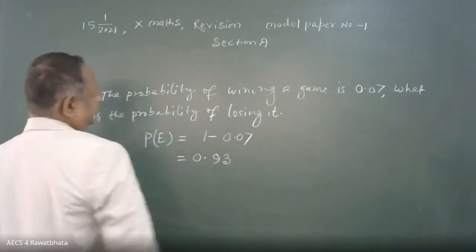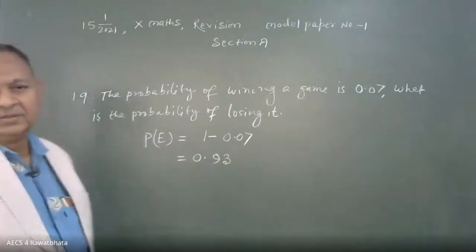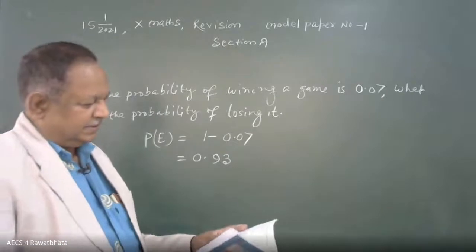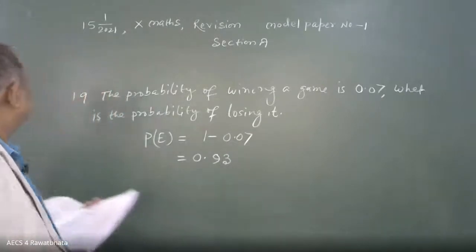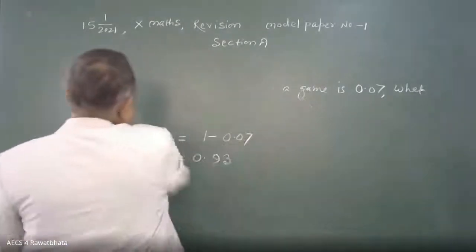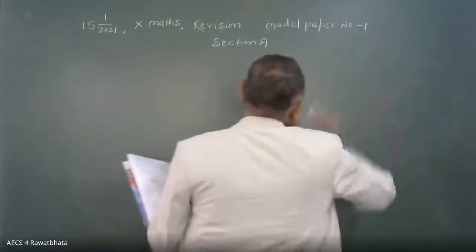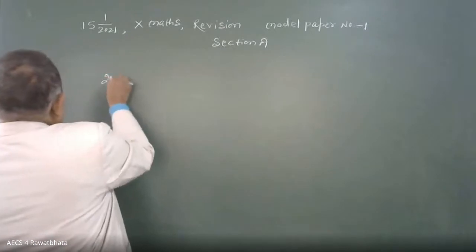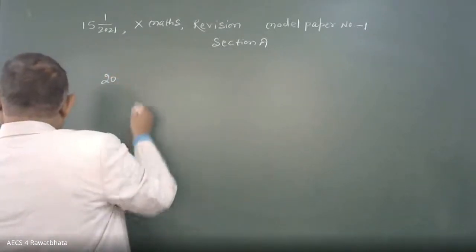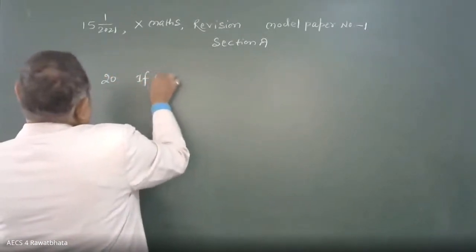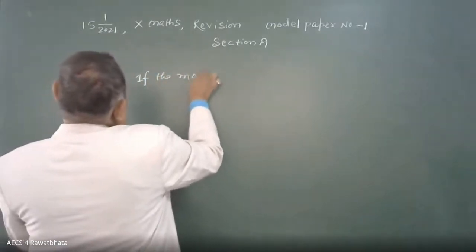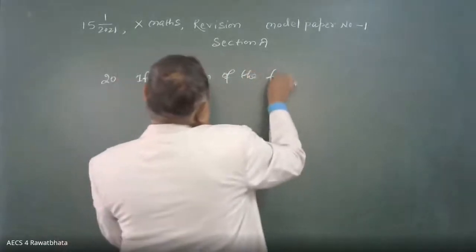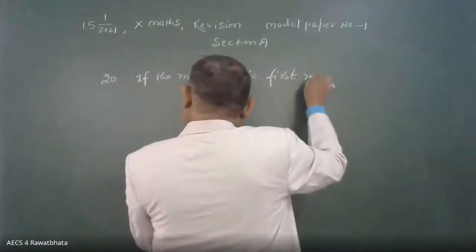20th question. This is the last question of this part. If the mean of the first n natural numbers is 15, then find n.